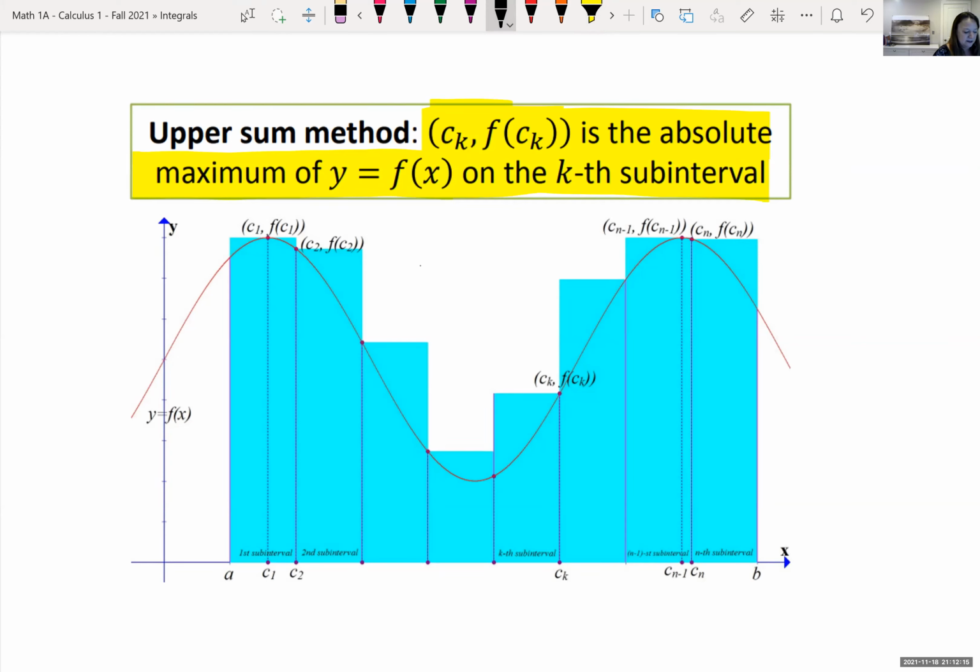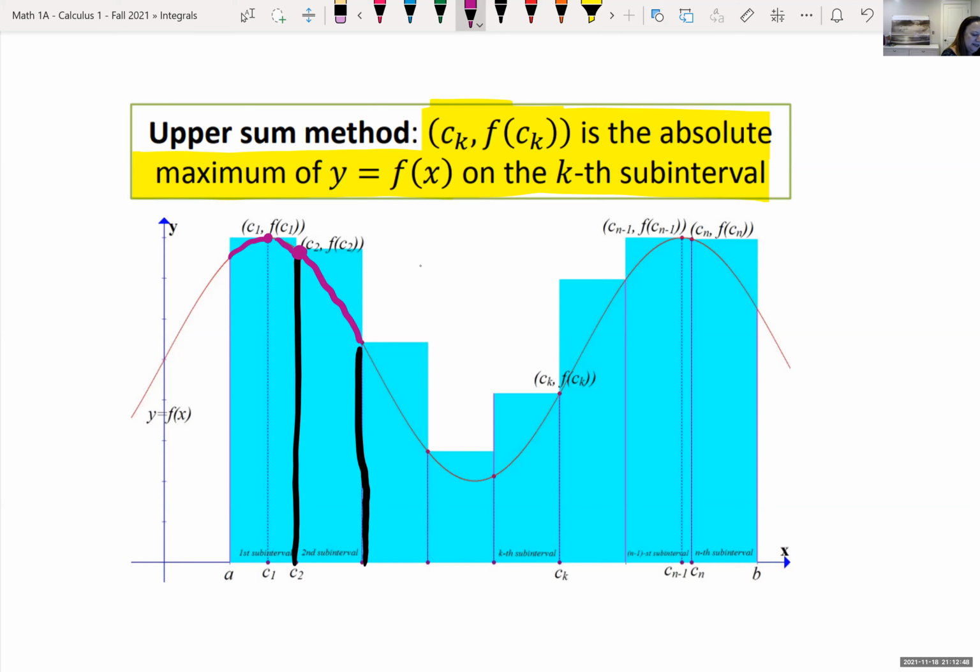So for instance, if we were to look at the second piece in here, we're going to take the highest height on this curve right in here. Well, the highest height on that curve right there is this point right in here. Notice that first interval, this is the highest point on that curve for that rectangle.